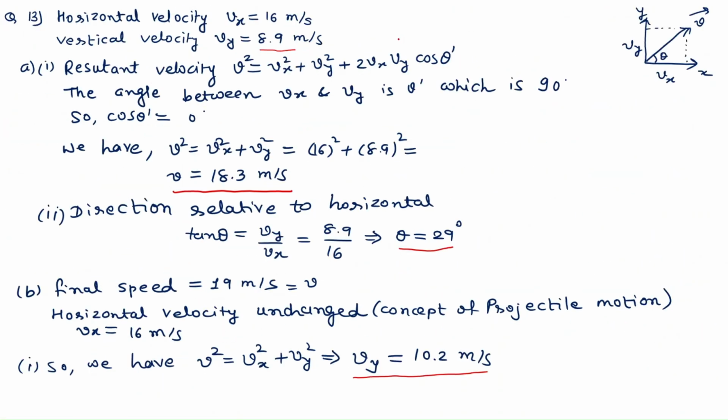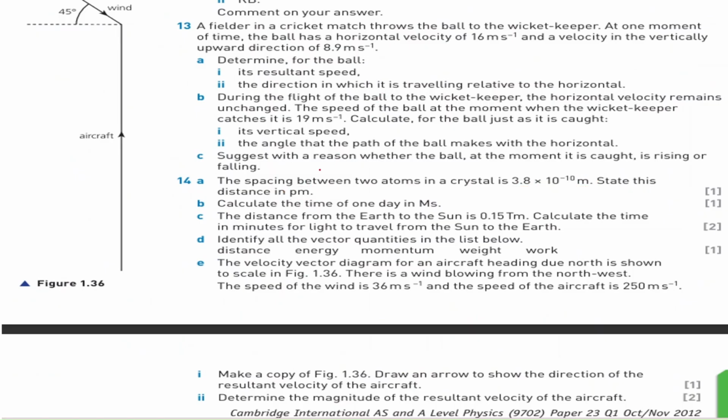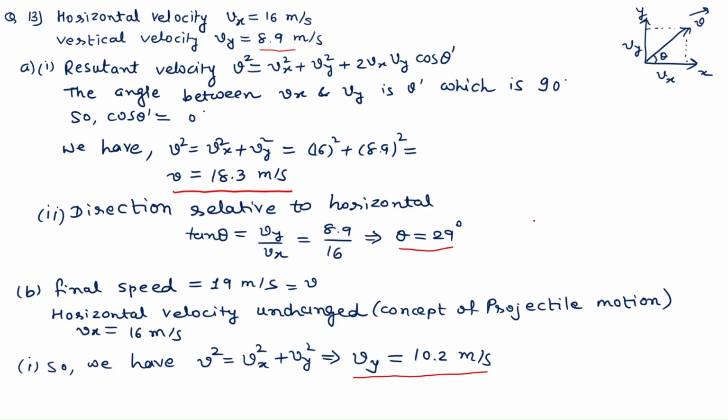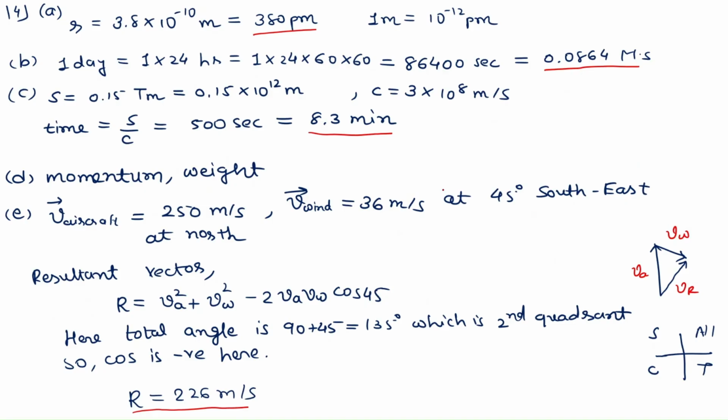Now, in the B part, they ask to calculate the time of 1 day in megaseconds. We also saw this in the order: 1 megasecond is equal to 10 to the power 6 seconds. I hope you remember it. In the B section, 1 day, if you want to convert into hours, you have to multiply by 24.